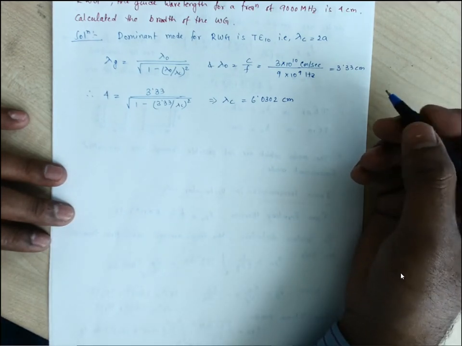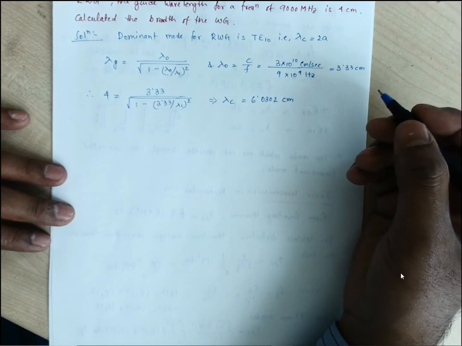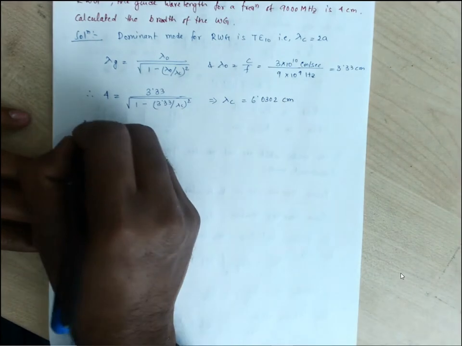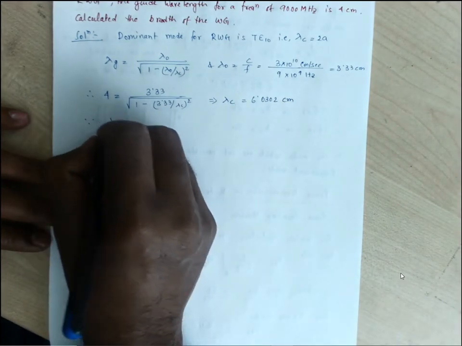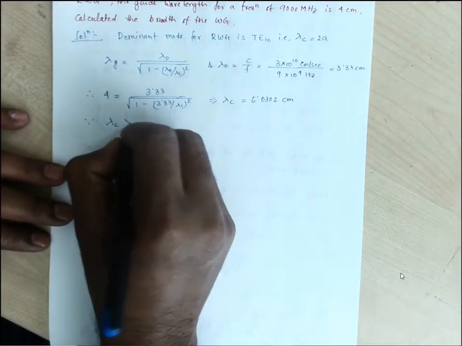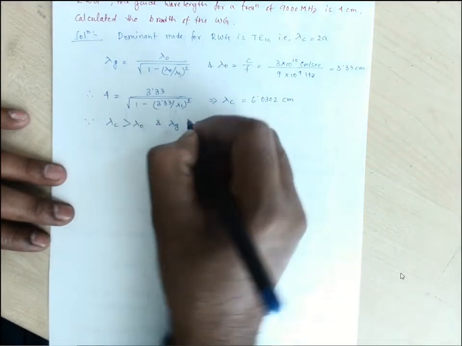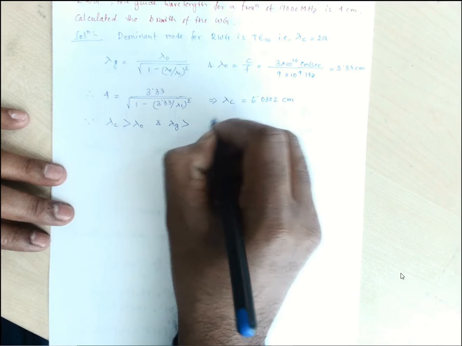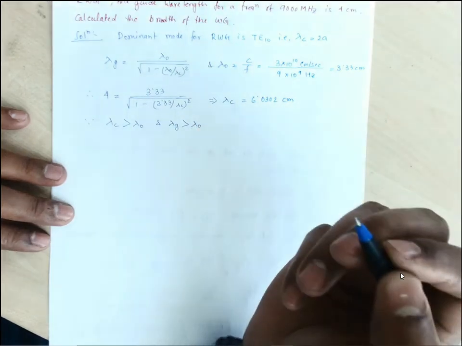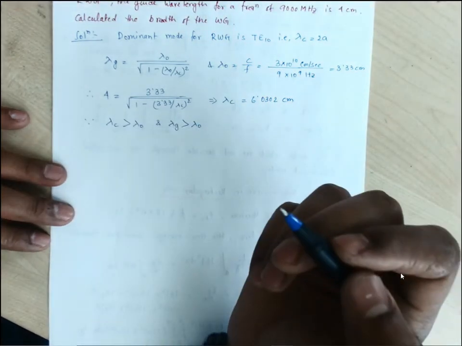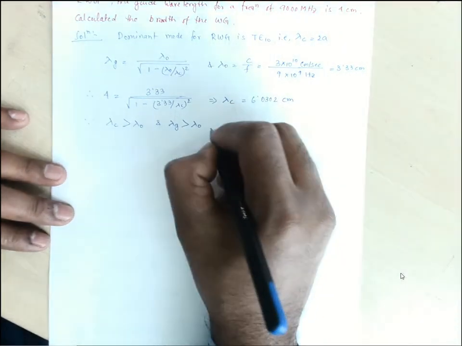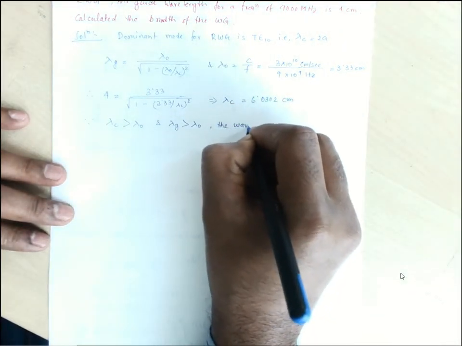The operating wavelength must be smaller than the cutoff wavelength. So since this lambda c is greater than lambda naught, and lambda g, the guided wavelength, is 4 and greater than lambda naught, the wave propagates.